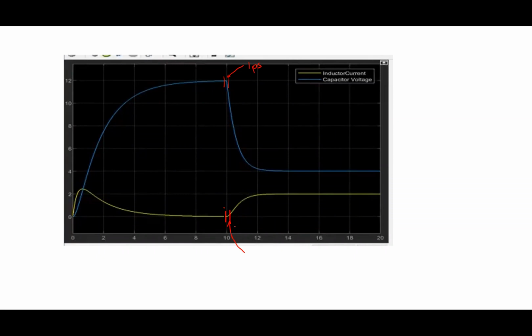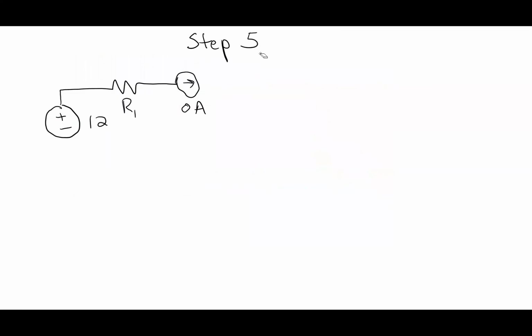If I kept zooming and zooming, you would see that the capacitor voltage is the same and the inductor current is the same. Now, it's going to change eventually. So this is my full transient period, probably from here to there. But for a short time during that transient period, I can think of that current and that voltage being the same. Okay. And that's a physical constraint that's basically implied by the physics of the situation.